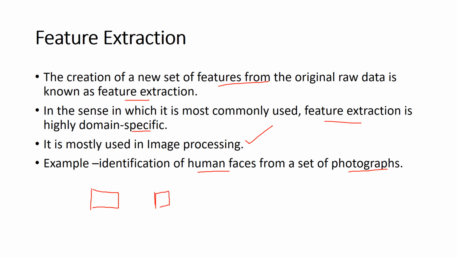From these photographs, what we are trying to do is identify human faces in these photographs. So let us say we have a human face here in the photograph, and we are trying to identify the human faces. Generally, the original data set is going to have pixels as the input.